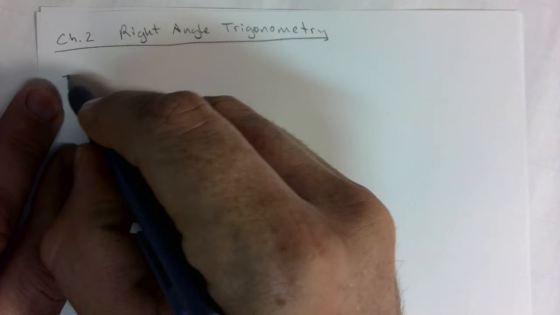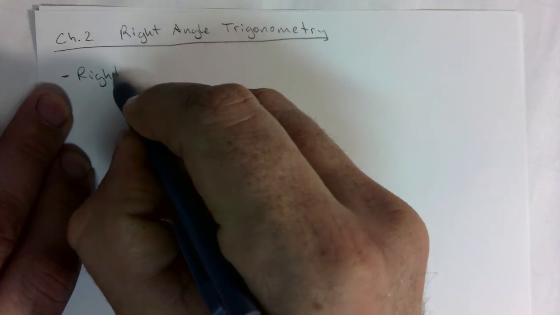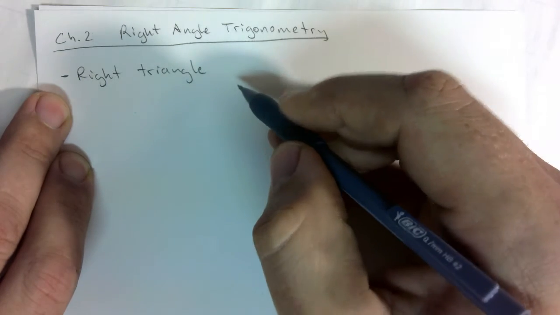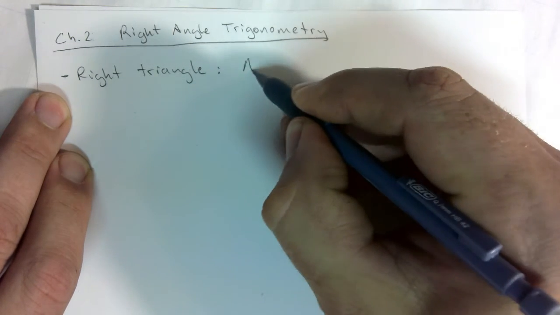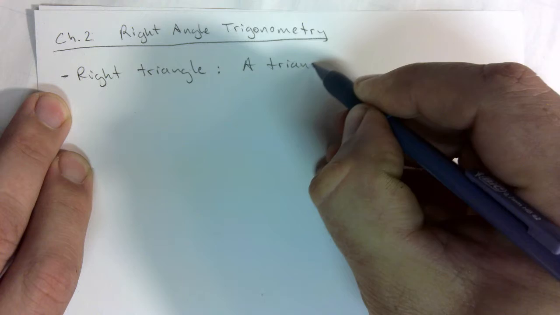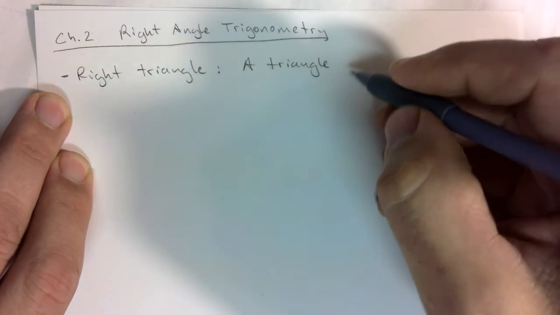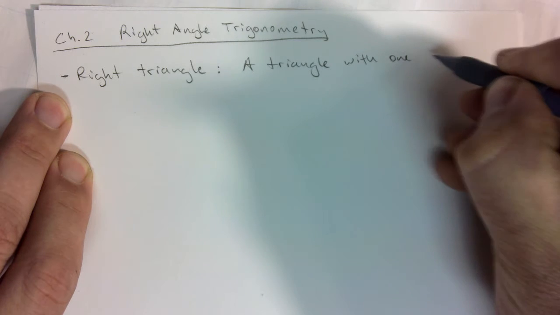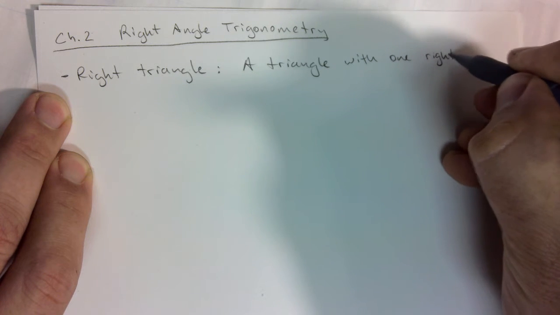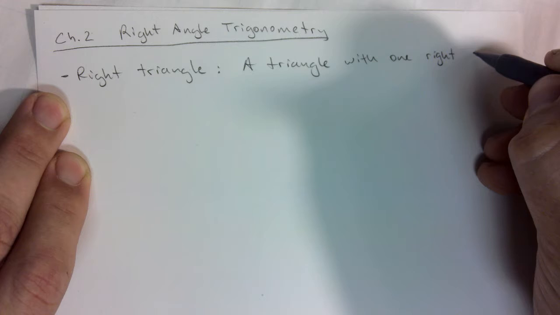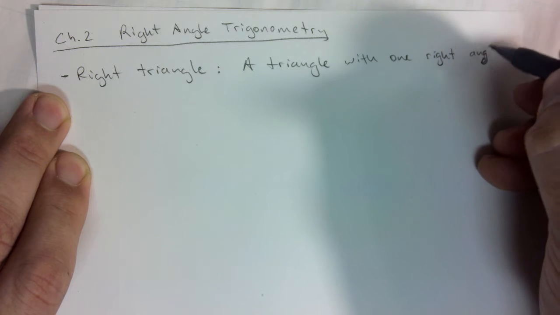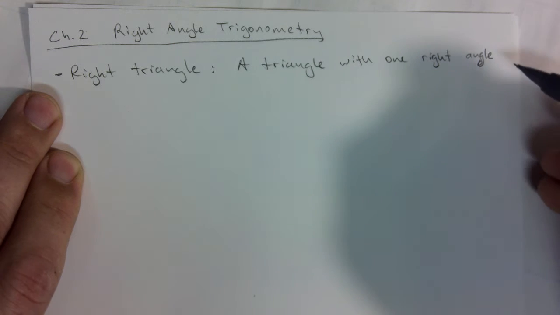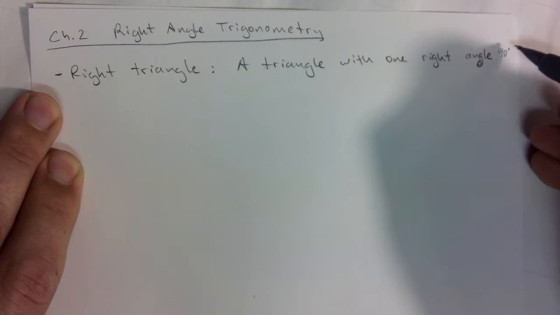Okay, so definition: right triangle. A triangle with one right angle. One right angle, and the right angle is a 90-degree angle, right?